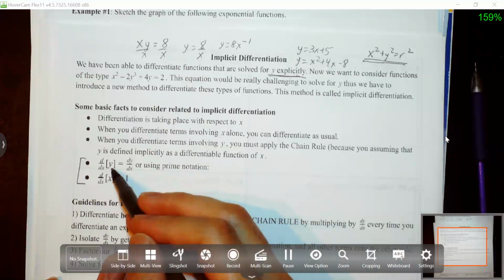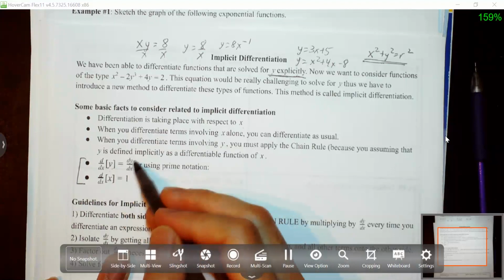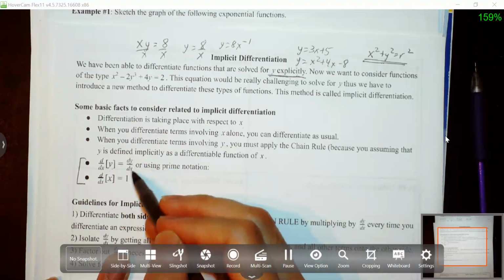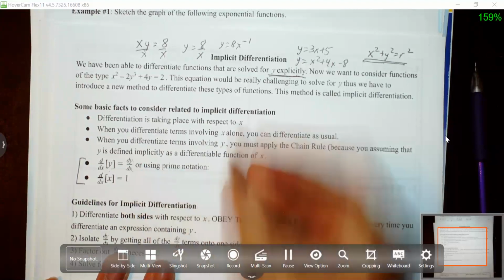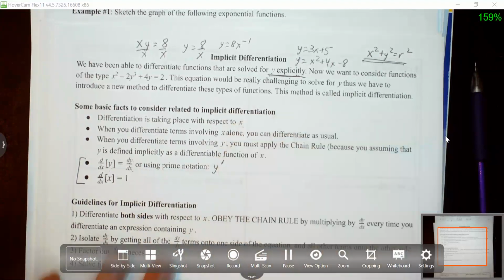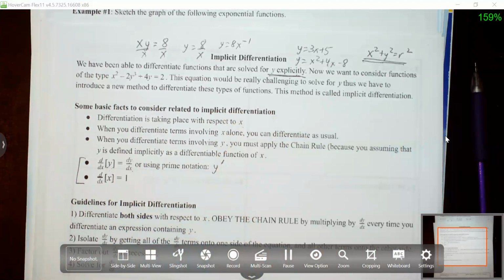So when you take the derivative of y, you don't put 1, you put dy/dx, since we're taking the derivative with respect to x, not for y. Or using prime notation, y prime.